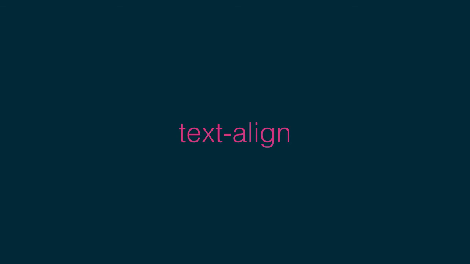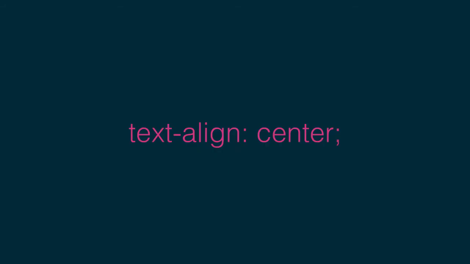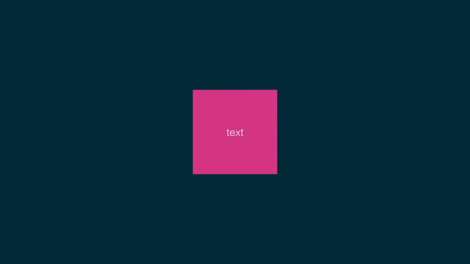Text align is one that we used, and it's pretty self-explanatory. You can have text align left, which would align your text on the left side of the box, or right, which would align your text on the right, and text align center, which aligns text in the center. Text align center is also used a lot for styling inline elements.